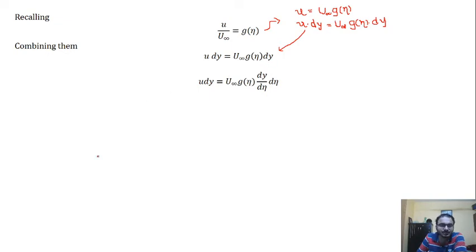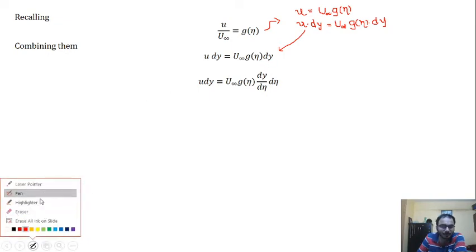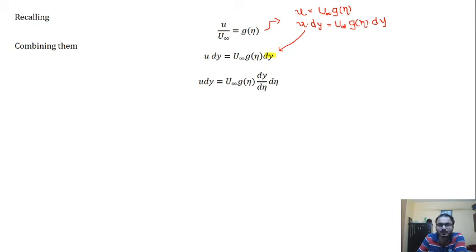Instead of this dy, we have just modified this thing, that is dy over d eta and d eta. So nothing new in this, very simple thing. And the value of eta is given by this formula that we have already proved in our previous slide.